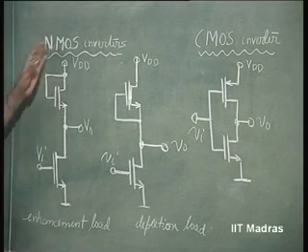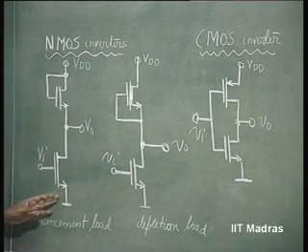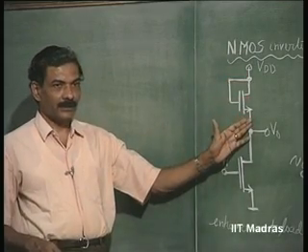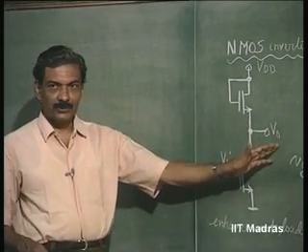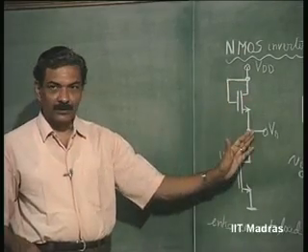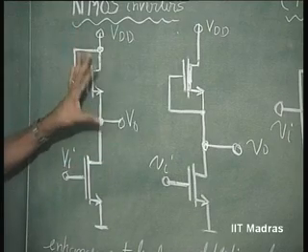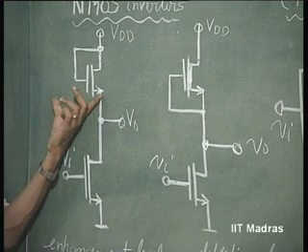Now, consider first this circuit. This is nothing but the common source amplifier with a load resistance here. Source is common to input and output. So, the same common source amplifier which we have discussed earlier with resistive load is now being discussed with the resistor replaced by a MOSFET. How is this MOSFET connected?